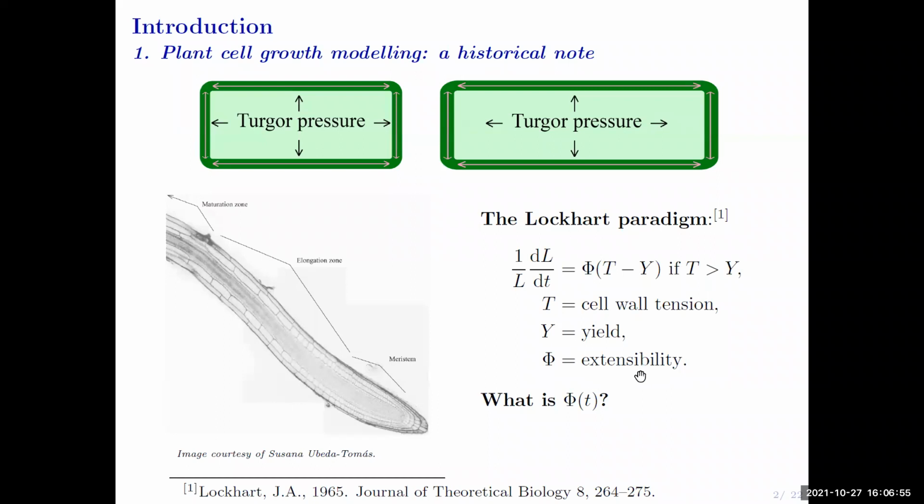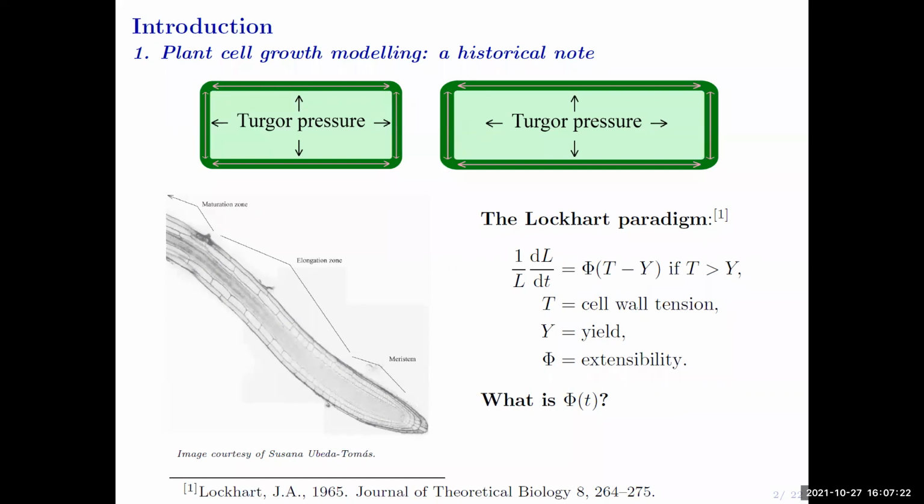In this case, it links the relative elongation rate to the excess pressure, T minus Y, via a mysterious parameter known as extensibility. A lot of the modeling efforts in the following decades have been to essentially take apart what exactly this phi is.